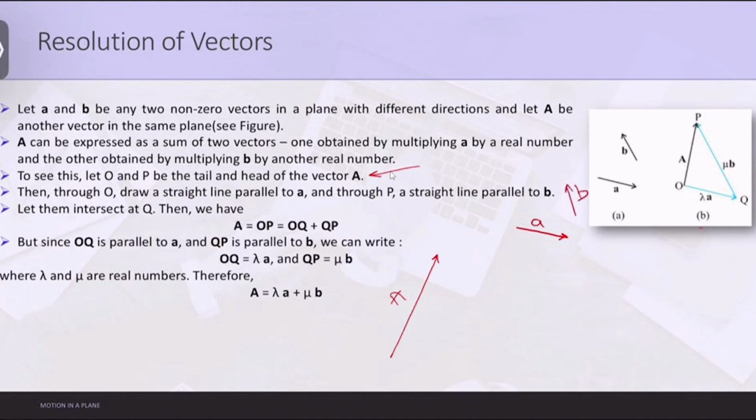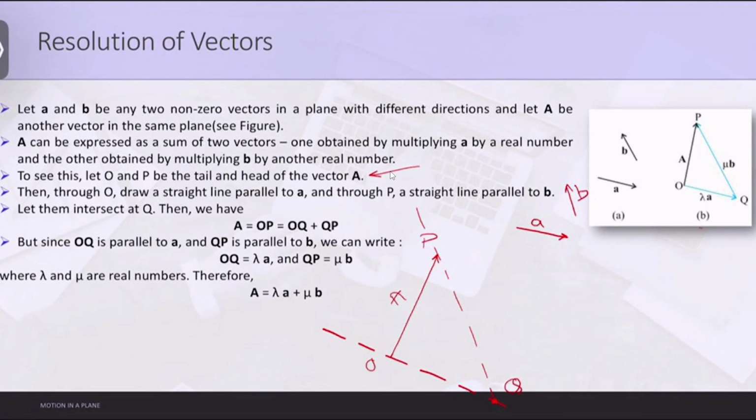This was your point O, this was your point P. We made a line parallel to your small a vector direction. Similarly, we drew a line parallel to the vector b direction.